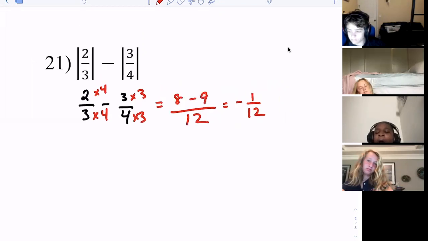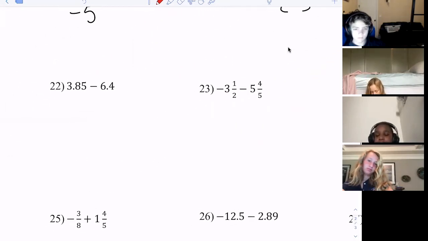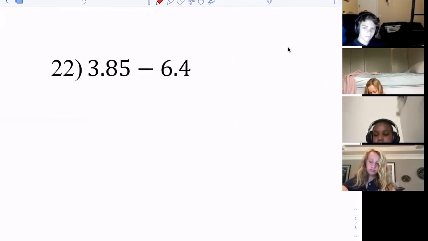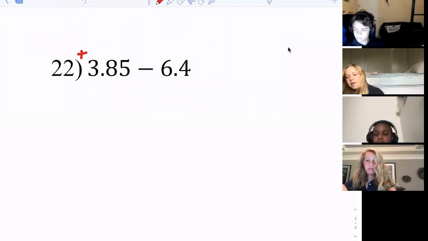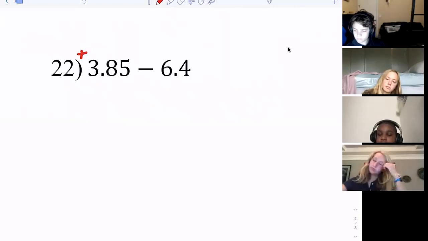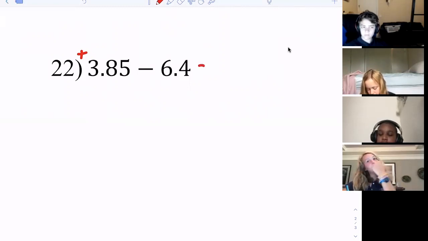All right, here we go. Let's take a look at 22. Now here, you have to remember that 1 is positive, 1 is negative, so automatically we're going to do what to the 2 decimals? Subtract them. Now, I know the answer is going to be positive or negative. It's definitely negative.